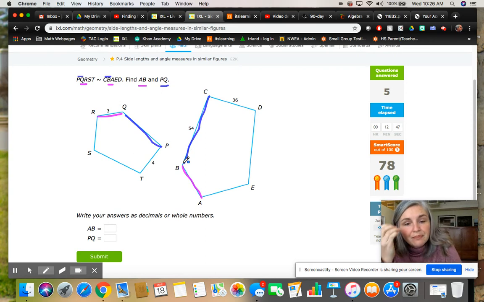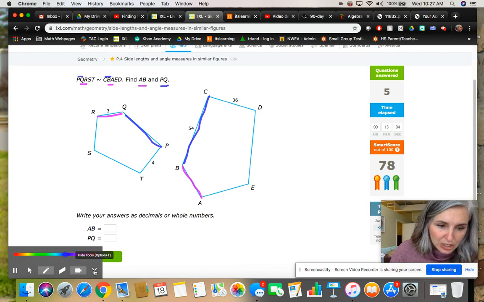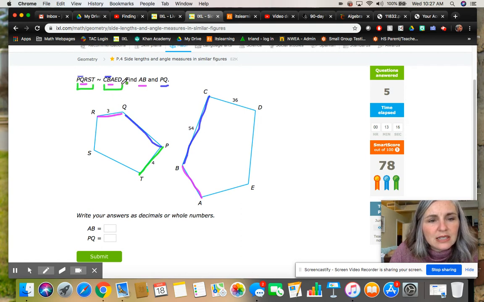And so I'm going to end up having to use this information, but I'm going to have to use something that isn't maybe super obvious at first, which is the one that will give me my proportion I can actually work with. So I know what PT is. PT, which is this first and last, right, is proportionate with CD.